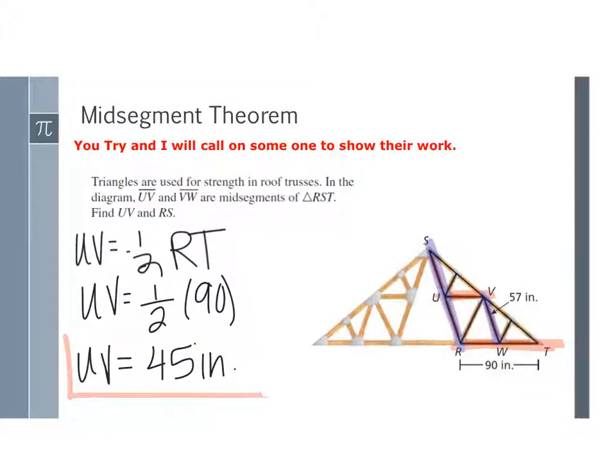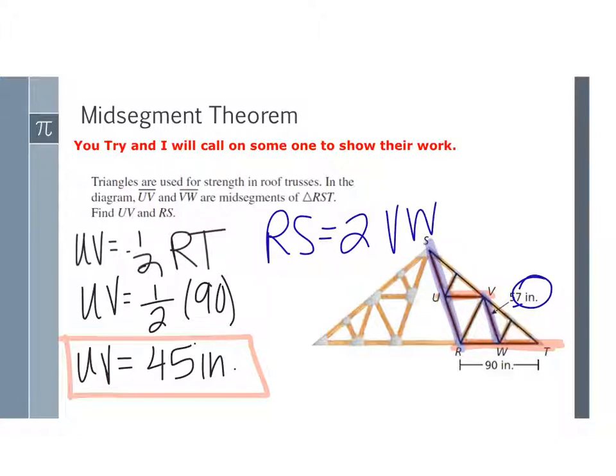But I also have to solve for the length of RS. So now we're just going to work a little bit backwards, because by definition, RS is going to be 2 times the length of VW. So if I know that VW is 57, I know that RS is going to be 2 times VW.